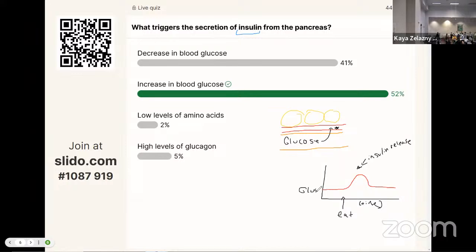So the way it's doing that, in part, is by controlling these tissue cells, right? So when there's insulin, what we're going to do in part, on the previous slide, there was that mention of increasing glucose uptake.